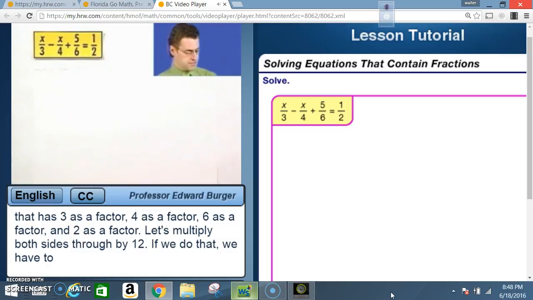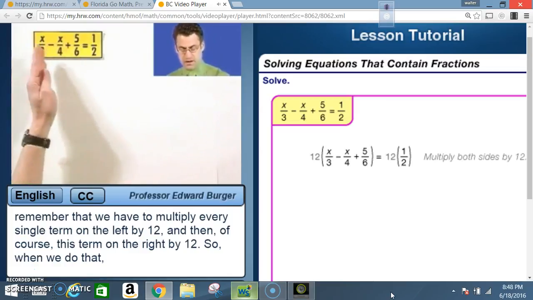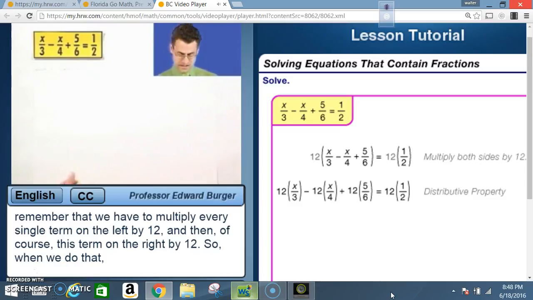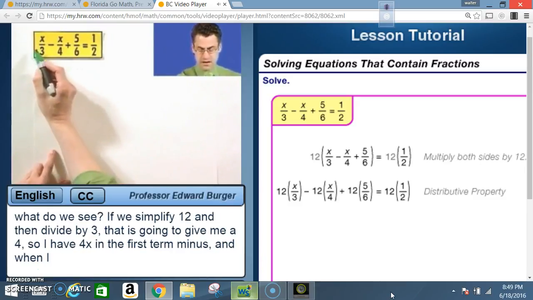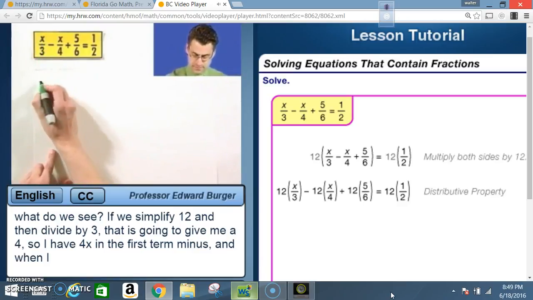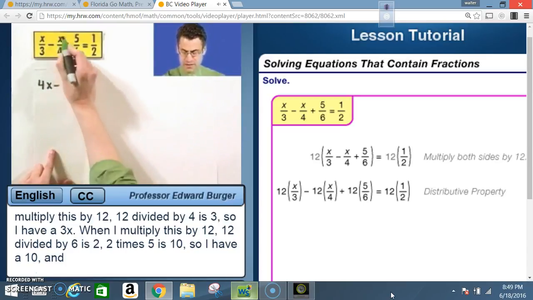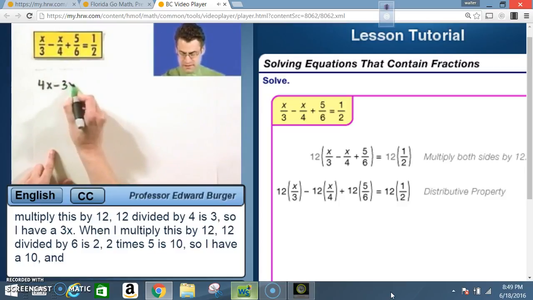So let's multiply both sides through by 12. Now if we do that, we have to remember that we have to multiply every single term on the left by 12, and then, of course, this term on the right by 12. And so when we do that, what do we see? Well, 12 divided by 3 gives me a 4, so I have 4x in the first term, minus, and when I multiply this by 12, 12 divided by 4 is 3, so I have a 3x.